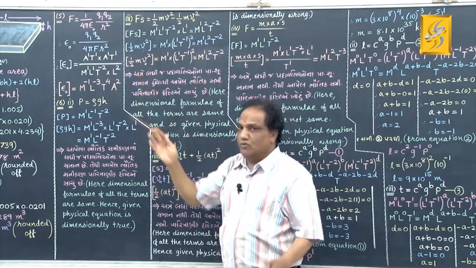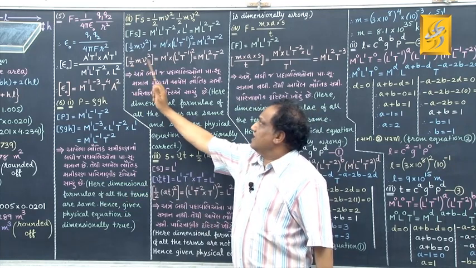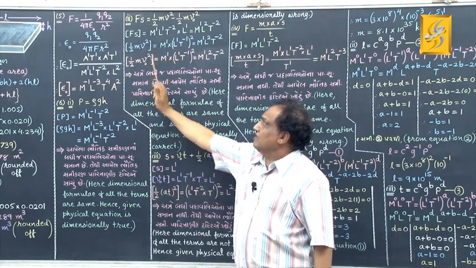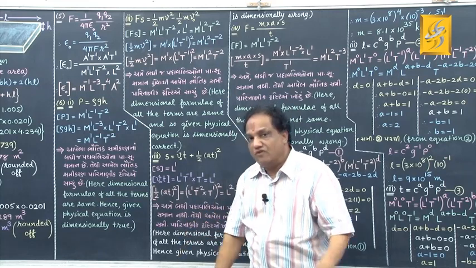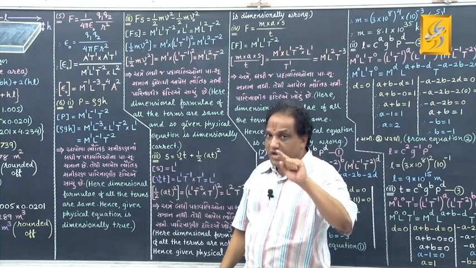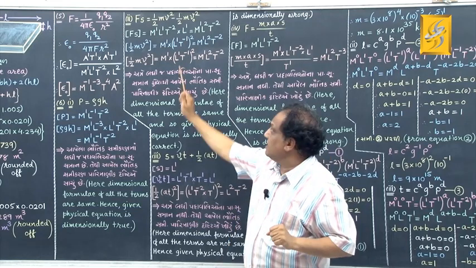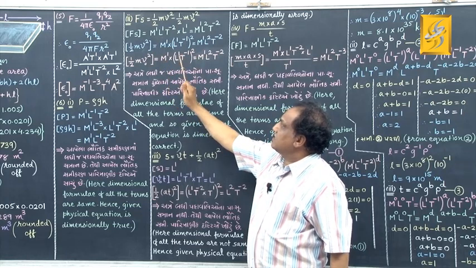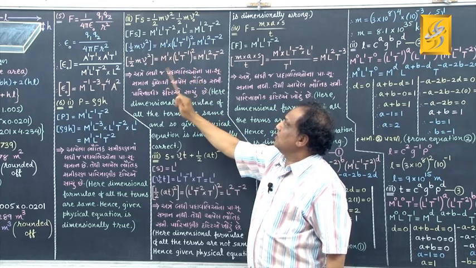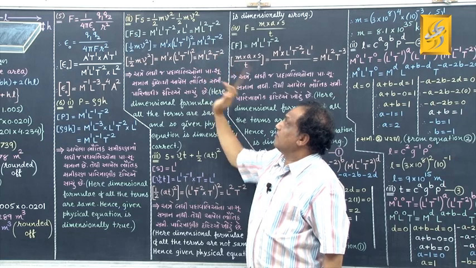1 by 2 is a numerical value. For mass, it is m raised to 1. v0 is initial velocity, but after all, it is velocity only, for which the dimensional formula you know, L raised to 1, T raised to minus 1. And its square: m raised to 1 as it is, L raised to 1 into 2, that is 2, T raised to minus 1 into 2, that is minus 2.